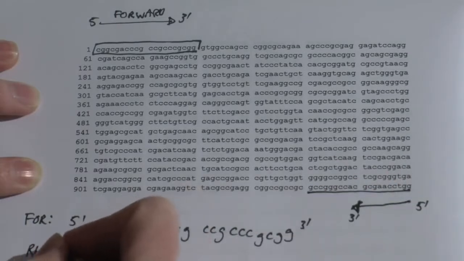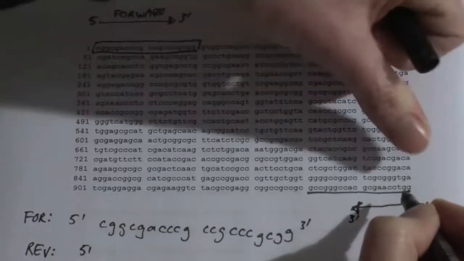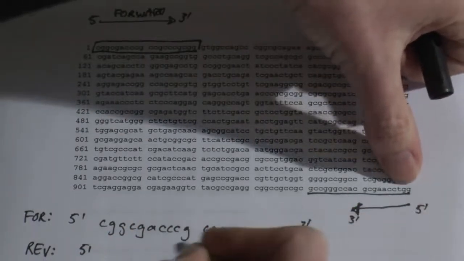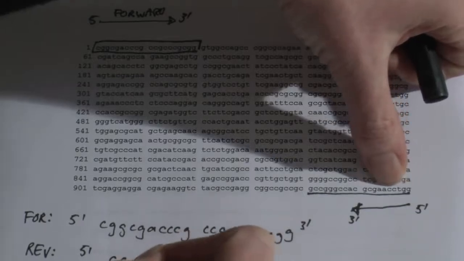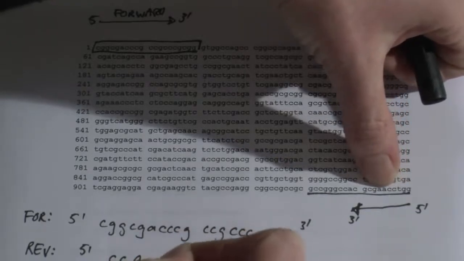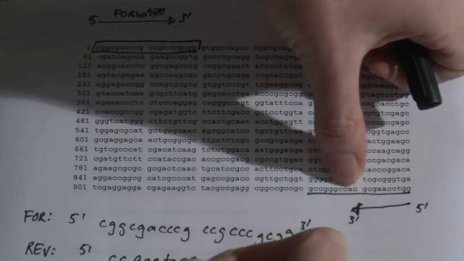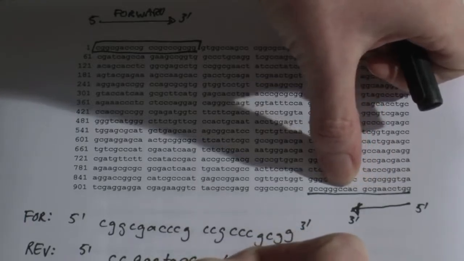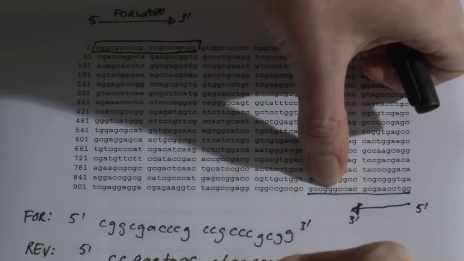So my reverse primer, 5', will be reading the reverse complement from this end, C, C, A, G, G, T, C, G, C, G, T, G, G, C, C, C, G, G, C, 3'.